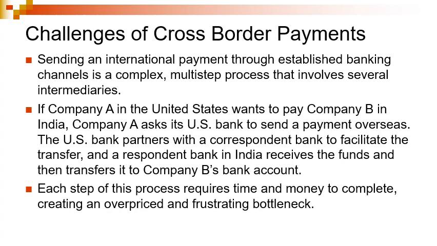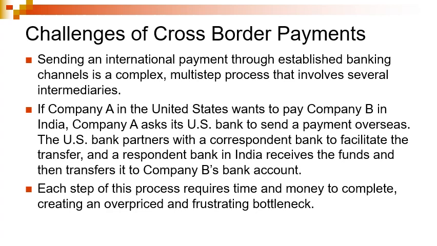So how are cross-border payments processed in the traditional banking system? Suppose, for example, company A in the United States wants to pay company B in India. What will company A do? Company A asks its US bank to send a payment overseas. Then the US bank partners with a correspondent bank to facilitate the transfer.